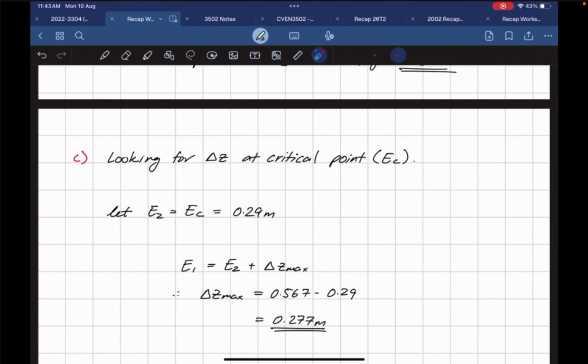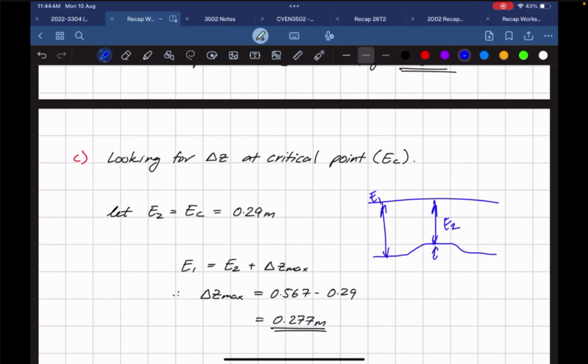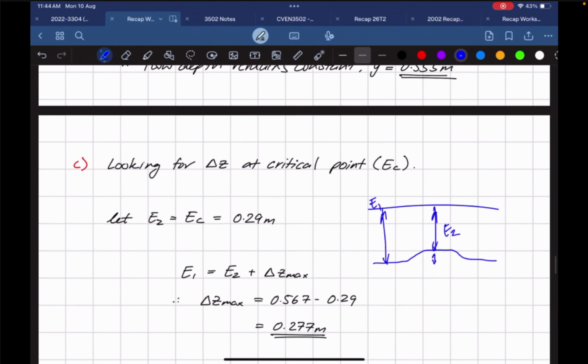So essentially, going back, we know what the critical specific energy is. Let me bring the diagram over here. Delta Z. So essentially, we know that E2 is going to be equal to EC.